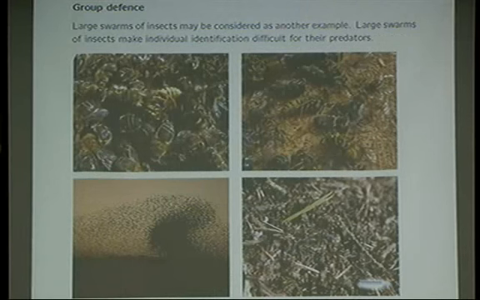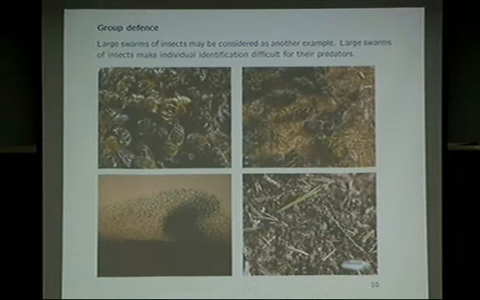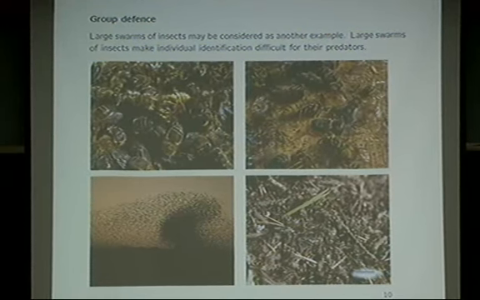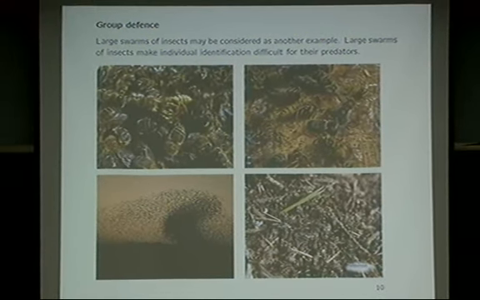Another example of group defense can be found in this large swarm of insects. When the insects form a large swarm, the predator attack is not successful. So how do we describe this kind of situation of group defense?